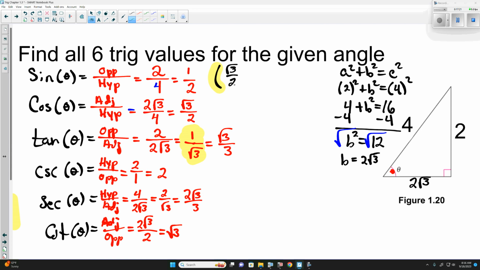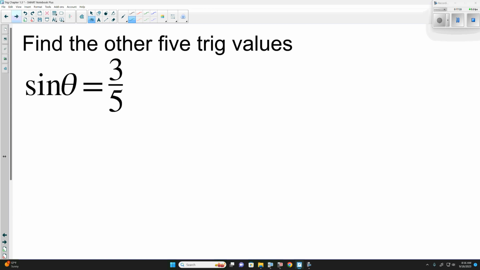It's x. Square root of 3 over 2 comma 1/2. That point on the unit circle is our 60 degrees, pi over 3 angle. Questions on any of this here?